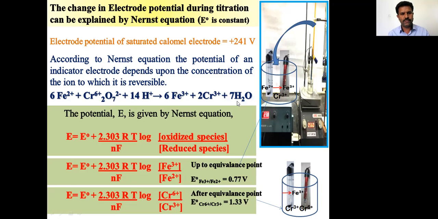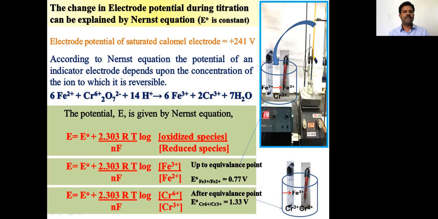So now the question is, why does the EMF gradually increase up to 2.5 ml, then at 3 ml suddenly increase, and then again gradually increase?